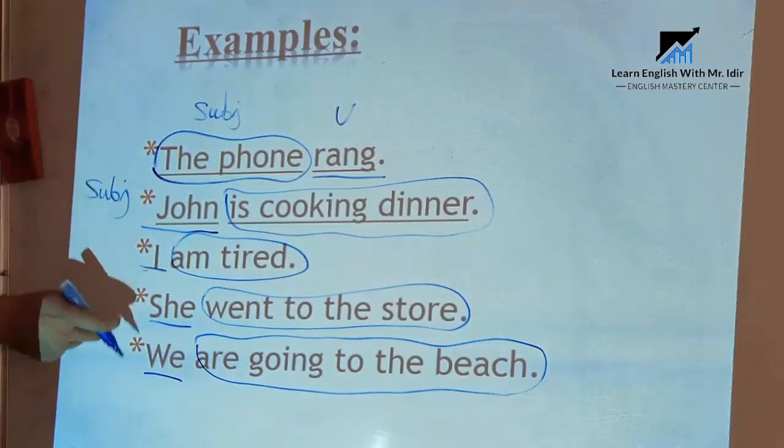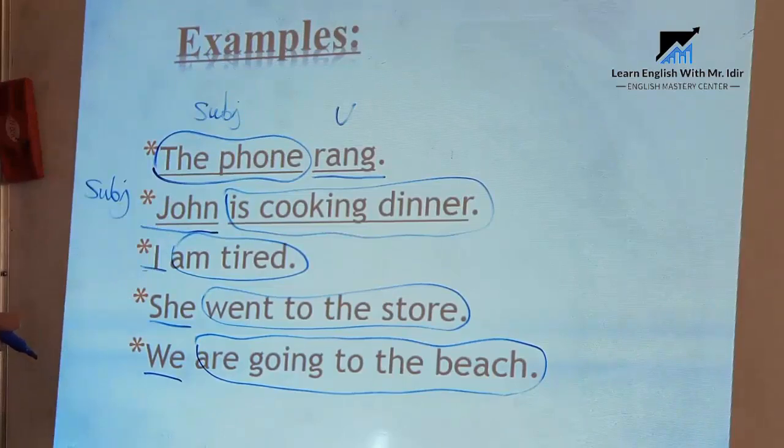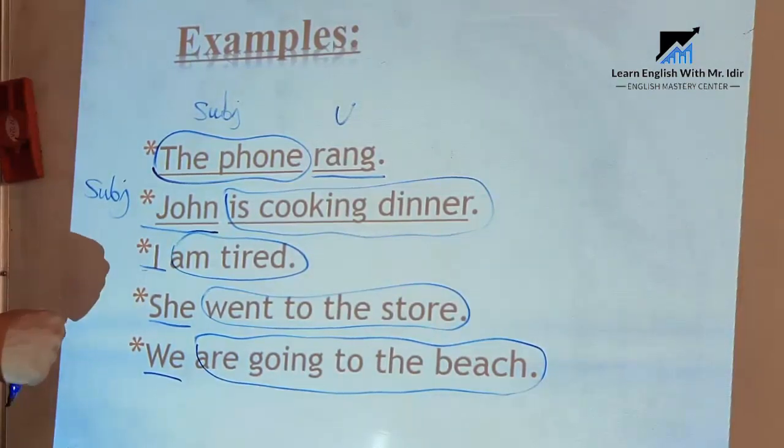So what is in common between these sentences? We have a subject and a predicate, and the second characteristic is that they all have meaning. So it is not ambiguous.